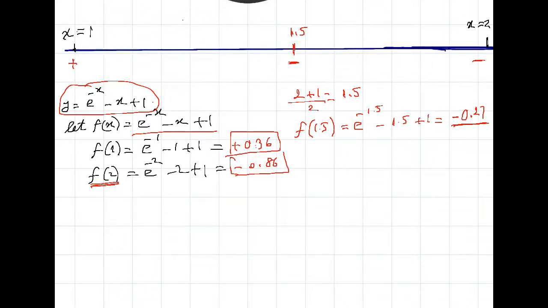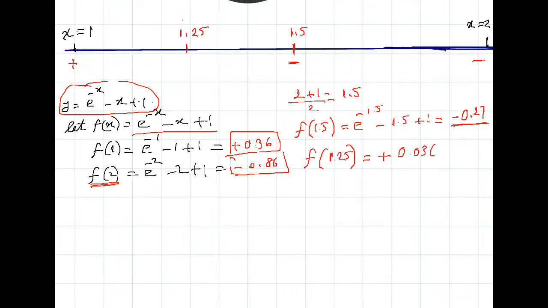We'll take another value, let's say between 1.5 and 1. So that would be somewhere in the middle here, and that will be 2.5 divided by 2, which is 1.25. This is x equal to 1.25. And we do the same. We work out f of 1.25, and you will find this is equal to a positive value now of 0.036.